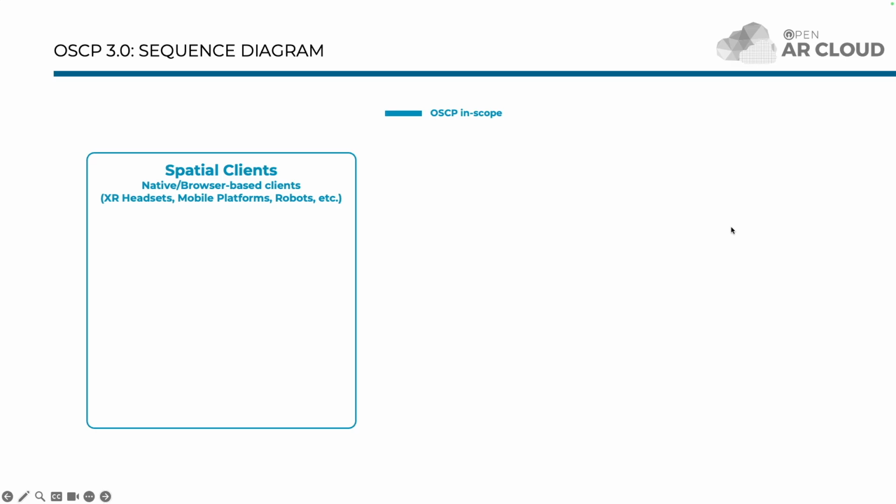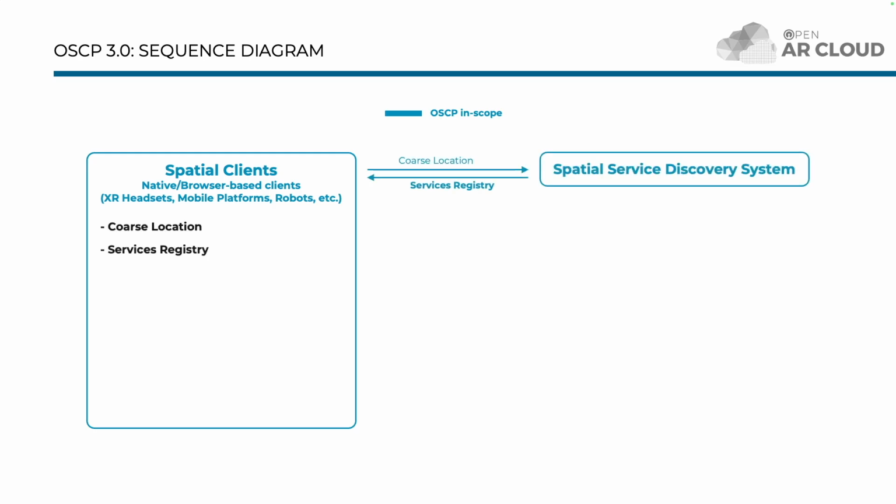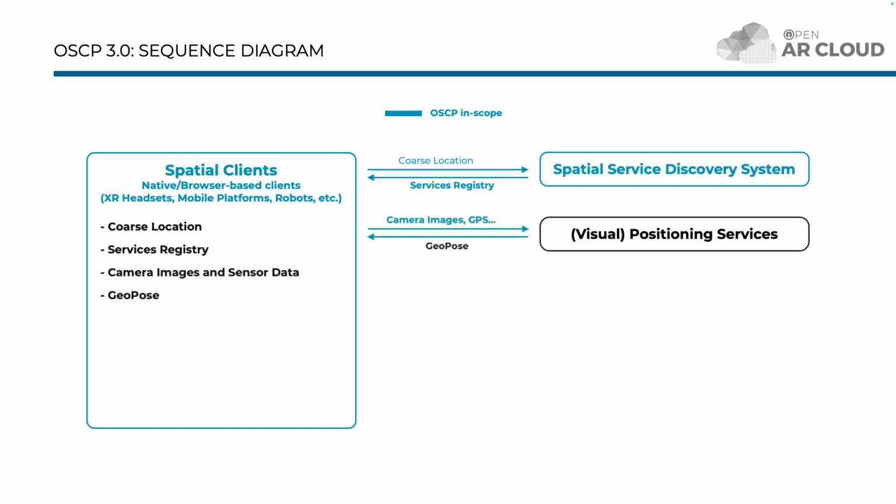Let's walk through the sequence of how the Open Spatial Web Platform works. You start with spatial clients, devices like smartphones, smart glasses for audio AR, or AR headsets that connect to the cloud. The client sends its coarse location to the Spatial Service Discovery System, which then returns a variety of relevant services.